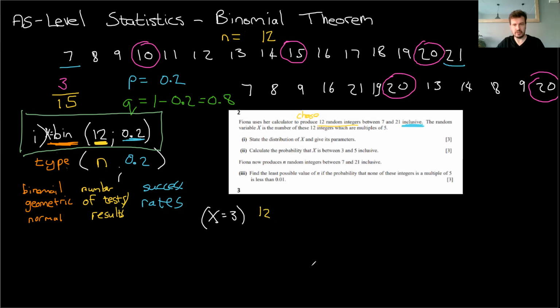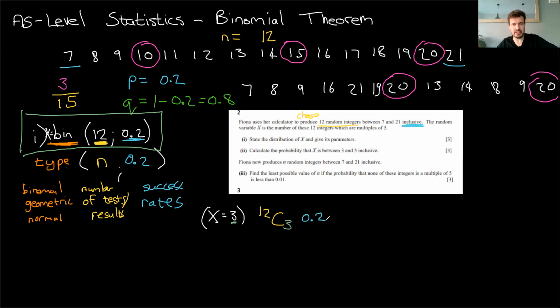But then how many times we're looking for, when we 12 choose 3, right? So this would be 3 multiples of 5. Let's just put that in over there. 12 choose 3.